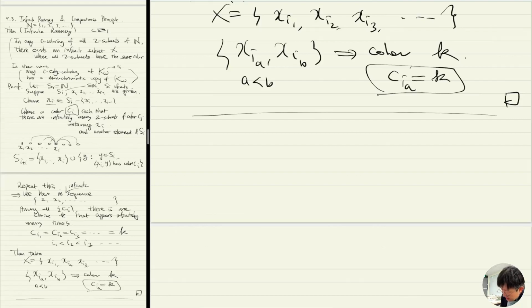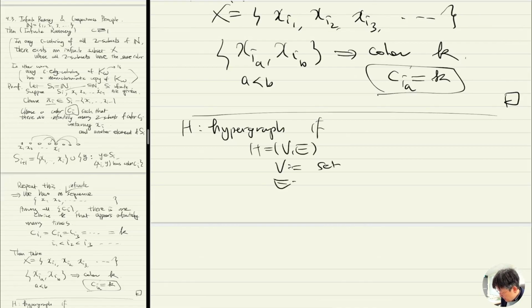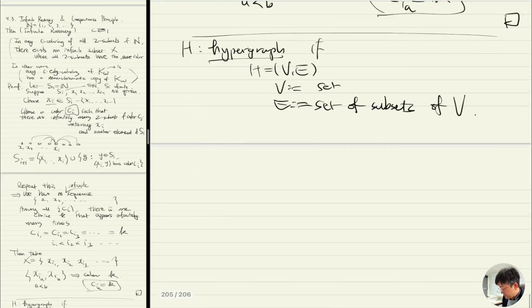So let me talk about hypergraphs. H is a hypergraph if H is equal to (V, E), where V is a set and E is a set of subsets. Then we call it a hypergraph. So a simple graph is a hypergraph because each edge is a subset of size 2.